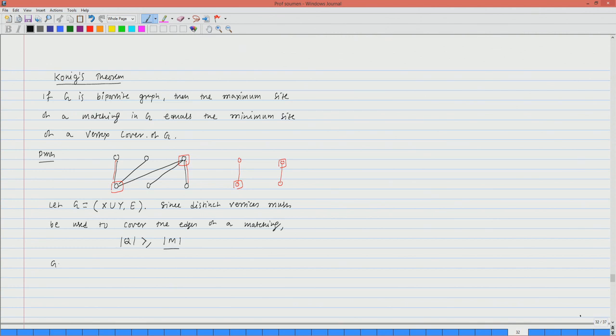Now, given a smallest vertex cover Q of G, we construct a matching of size Q. Okay.